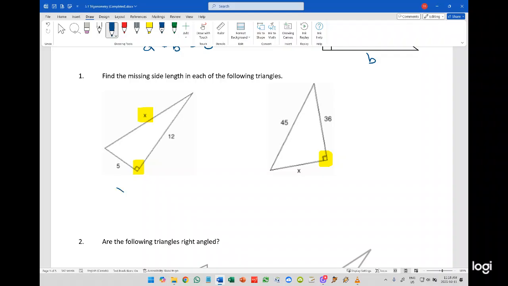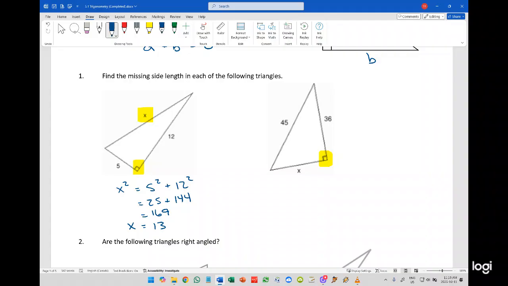So the hypotenuse squared is equal to the one leg squared plus the next leg squared. That's 25 plus 144. That's 169. And if I take the square root of both sides, I get 13. More specifically, I get plus or minus 13, but I can eliminate the negative because it's a side length of a triangle and side lengths are not negatives.